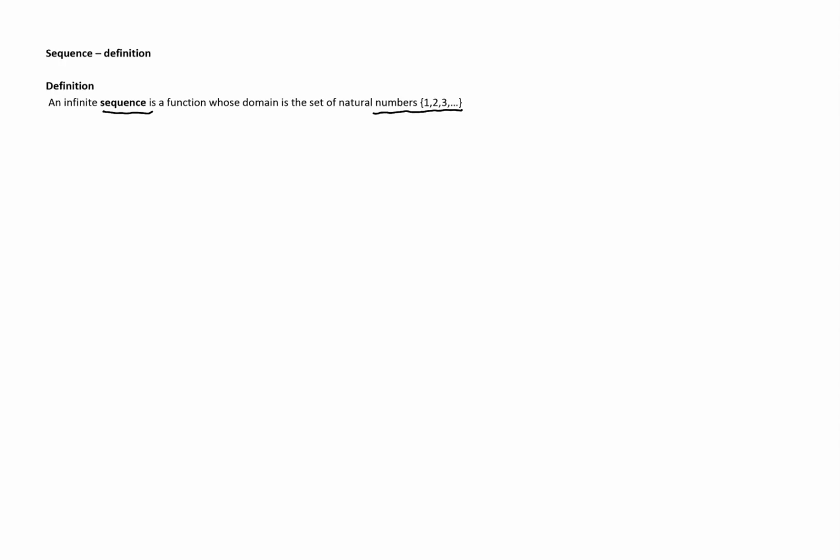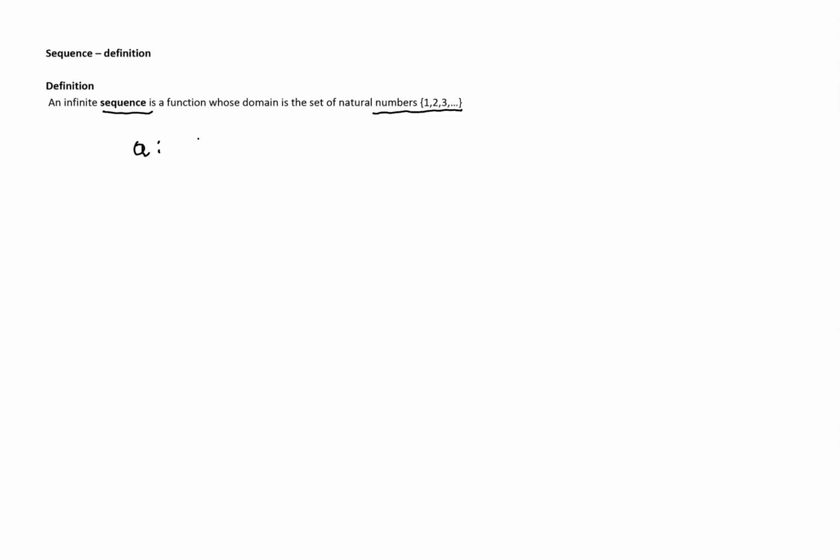Traditionally, the sequences are given names like A, B, and C rather than F, G, and H, as we did see so far. So if A is a sequence, it means it is a function that assigns to a positive integer a real number. We can represent this function by the following diagram.